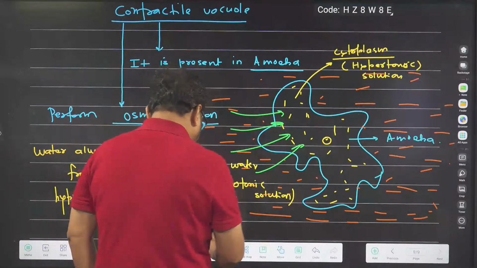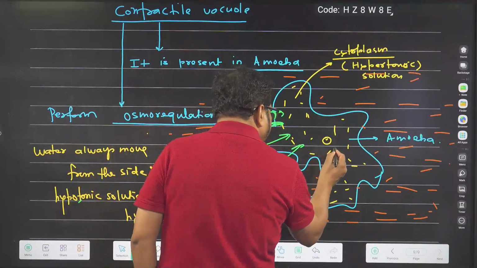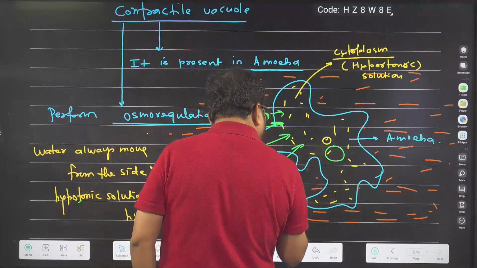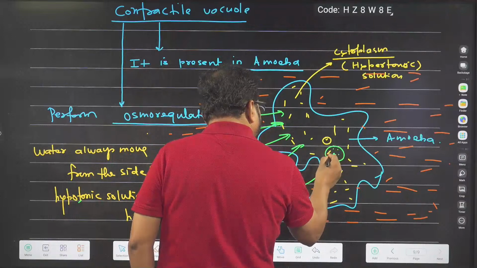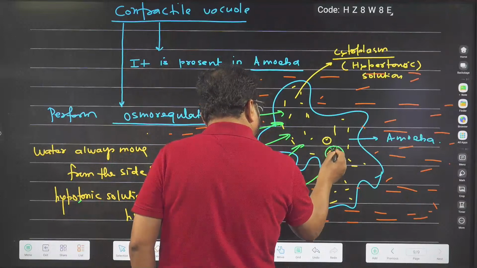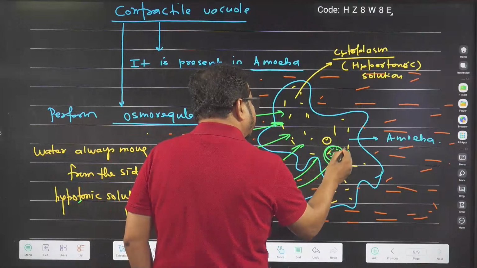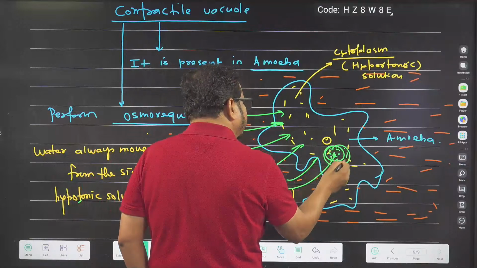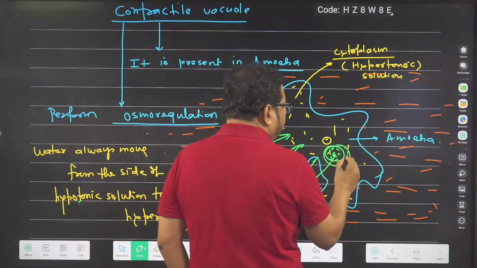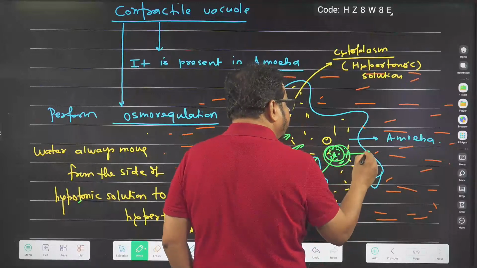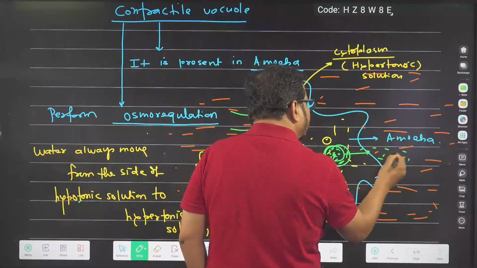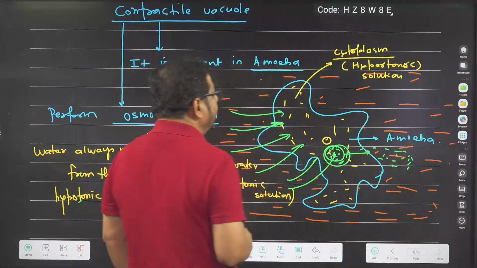So what happened? Inside the amoeba, a vacuole forms, the contractile vacuole, and this excess water is going to be stored there. As water is coming, the size of the contractile vacuole becomes bigger and bigger. And a time comes when this contractile vacuole hits the cell membrane and removes the excess water.